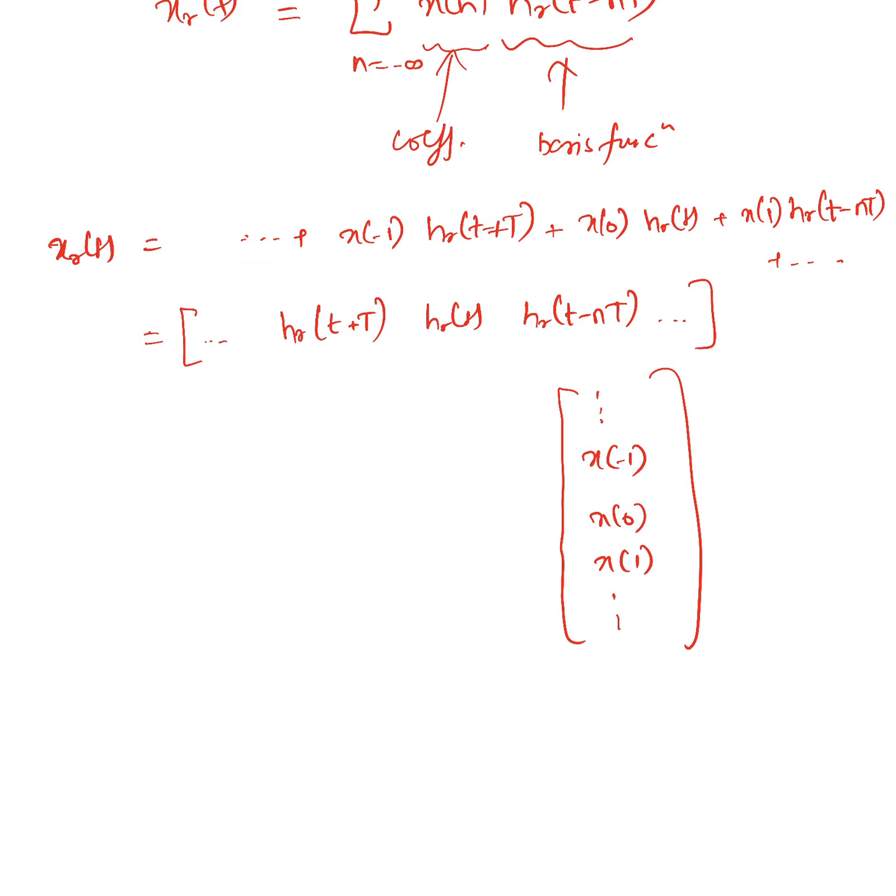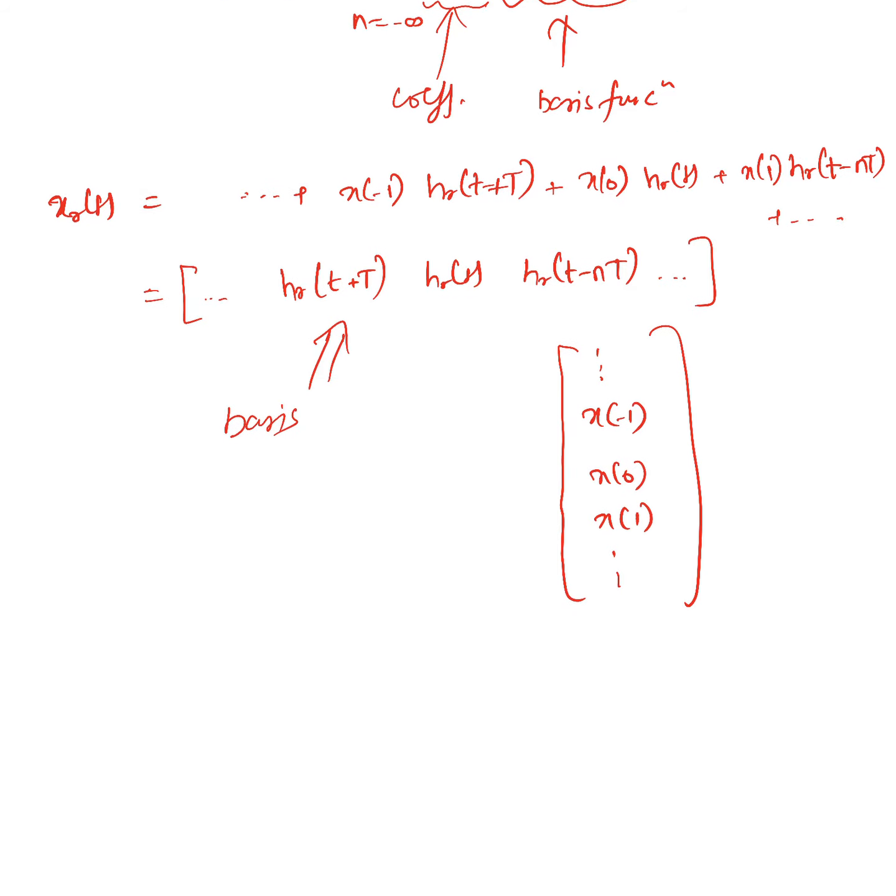Okay. You will notice that this straight away forms the basis for computing your xr of t. The samples are fixed, so for different bases you can compute this xr of t. And in fact there are many choices of the basis functions.